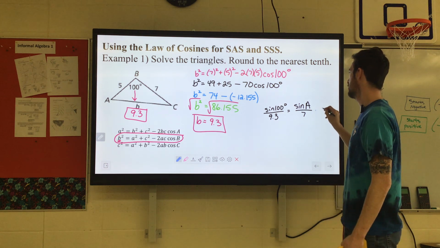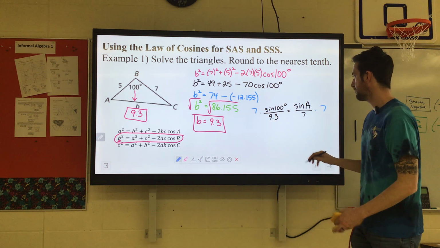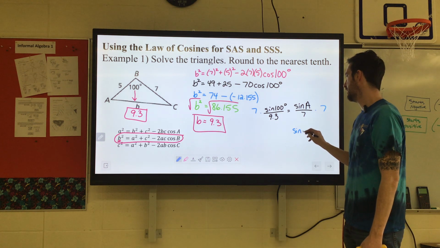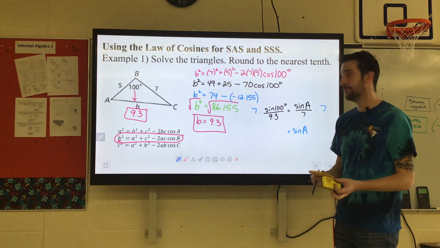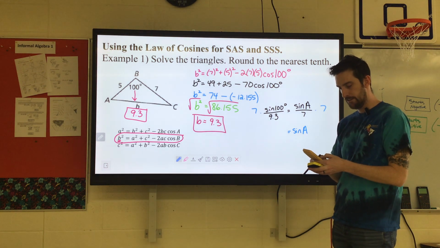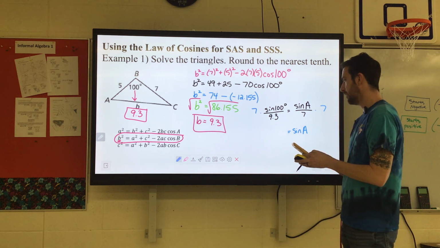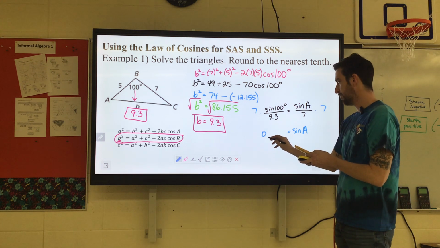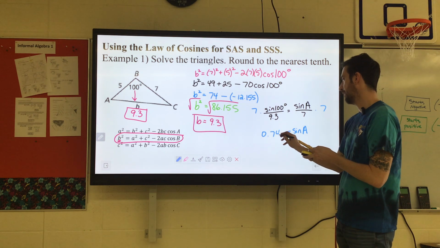So we'll have sine of A equals 7 times sine of 100 divided by 9.3. Let's see: 7 sine of 100 degrees divided by 9.3 comes out to, rounding to 3 decimal places, 0.741.